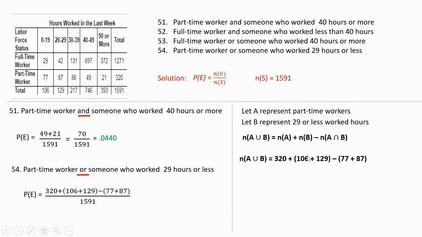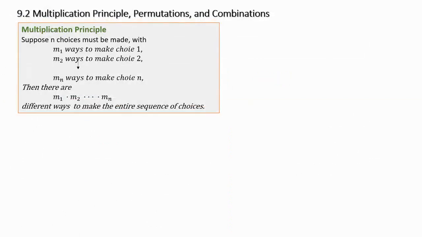So this is a set, the set B right here. Minus, where A and B intersect, will be these two here, the 77 and 87. Like I mentioned earlier on the example here on the left, we don't count these twice because they already counted with the 320. So it'll be 391 over 5091, approximately will be 0.2458.